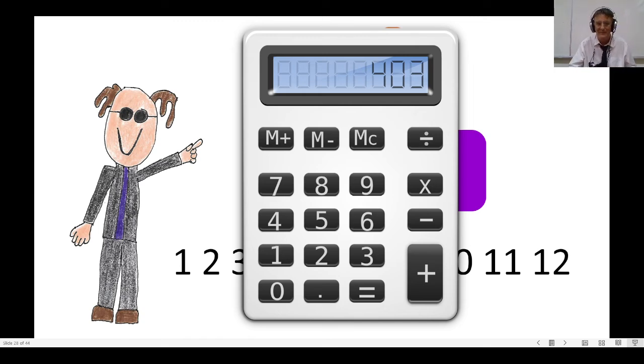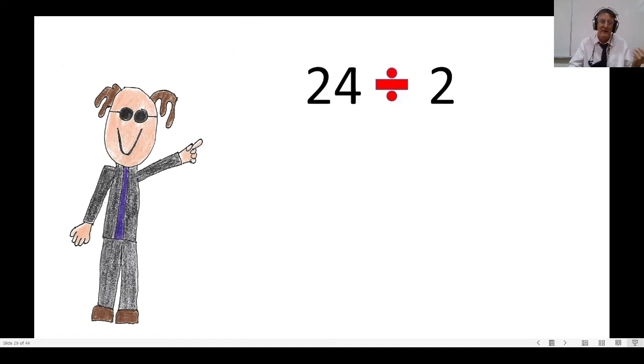Can you do that? So we divide 24 by 2, which gives us 12. 24 divided by 3 gives us 8. 24 divided by 4 gives us 6.